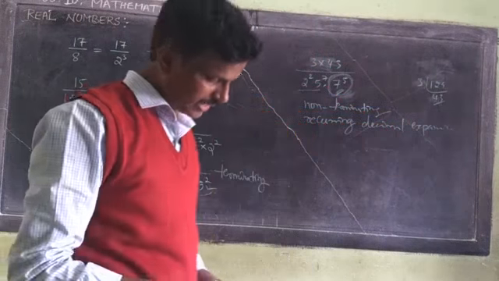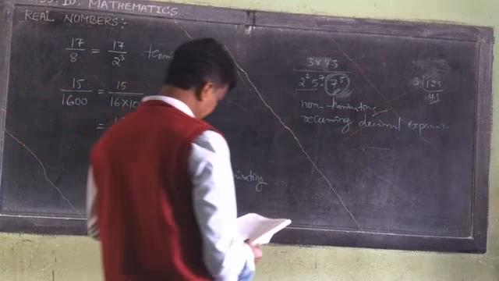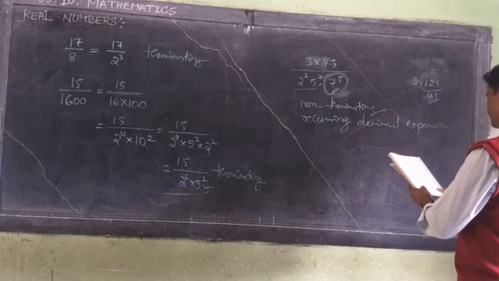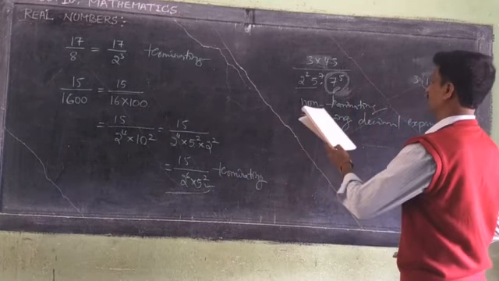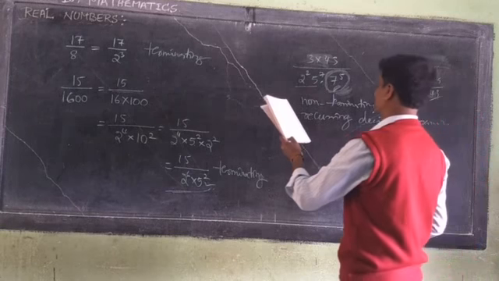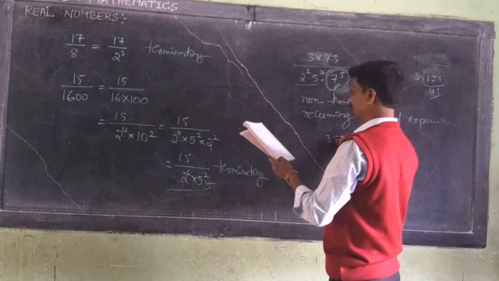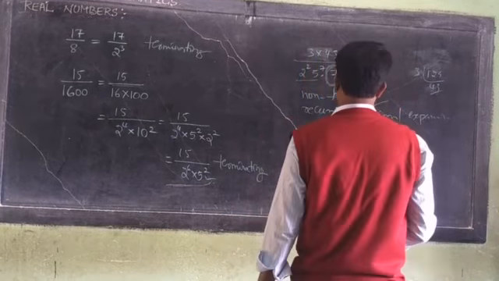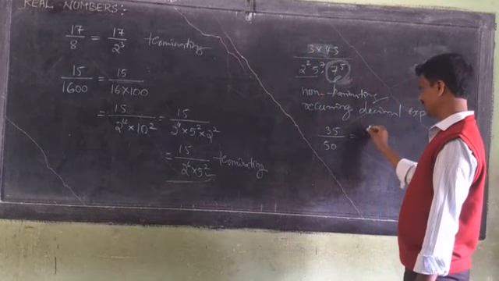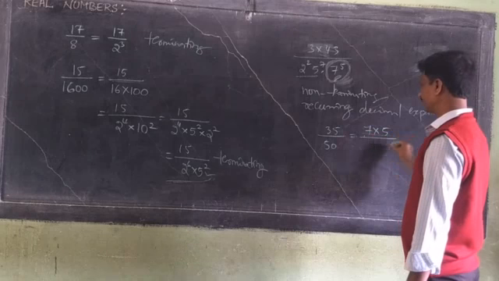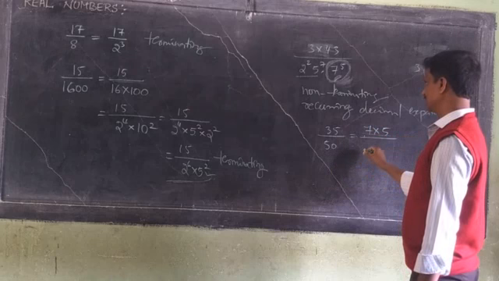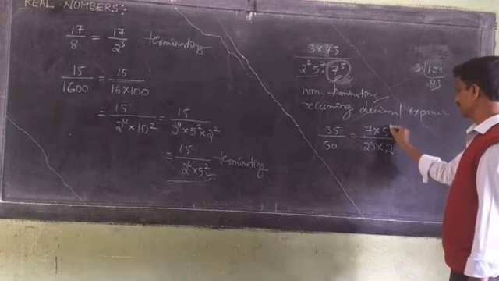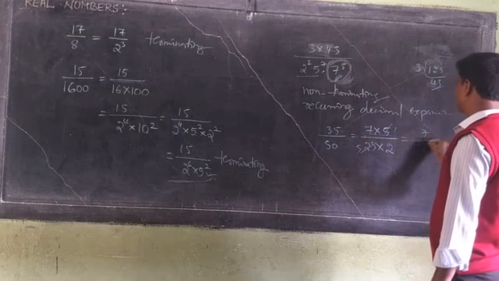Now you should consider one more example: 35 divided by 50. 35 can be written as 7 into 5, and 50 can be written as 5 into 5 into 2. Cancelling, we get 7 divided by 5 into 2.